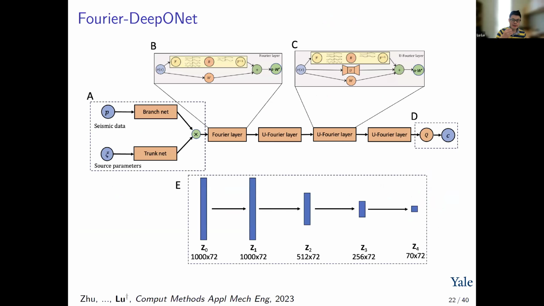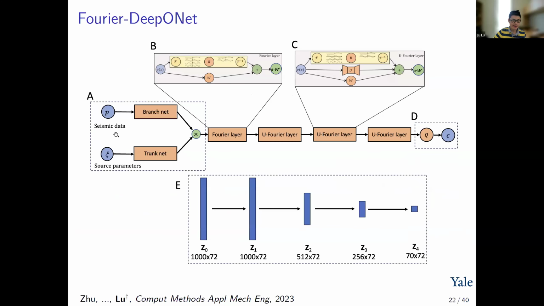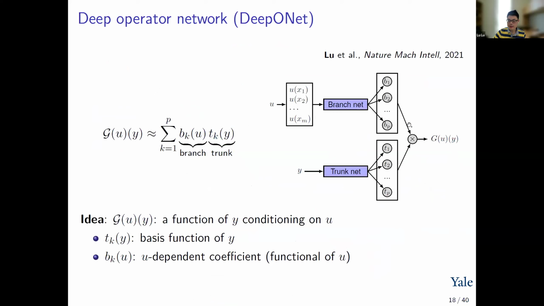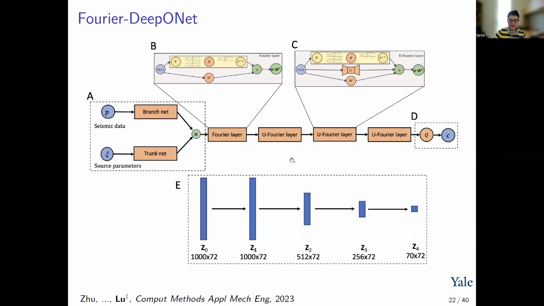So we apply DeepONet for this problem. The input is all the 5 images of the seismic data, and the output would be our velocity map C. But here we have a modified version of the standard DeepONet. In the standard DeepONet, we construct the output from two branches or two sub-networks by using a simple dot product. But for this complex problem, we replace the dot product with a more complicated network architecture.